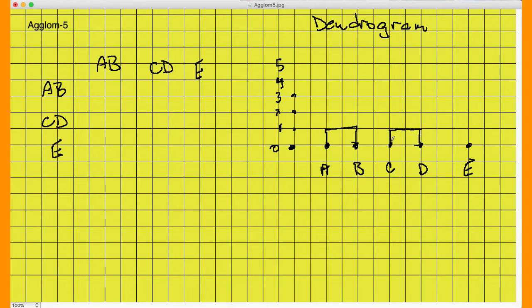This is a discussion that is given in the book, and she refers to it as linkage. There are several different kinds of linkage. There is something called single linkage. There is something called complete linkage.